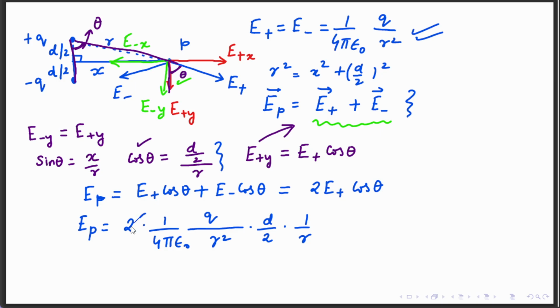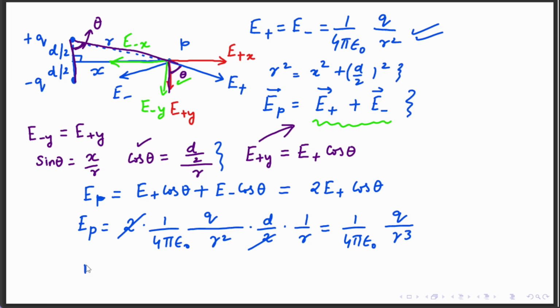So let's simplify this expression. This can be written as 1 by 4 pi epsilon 0 Q times d divided by R cube. But we already know what is R squared.